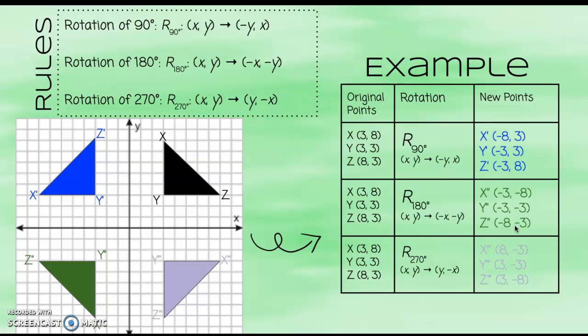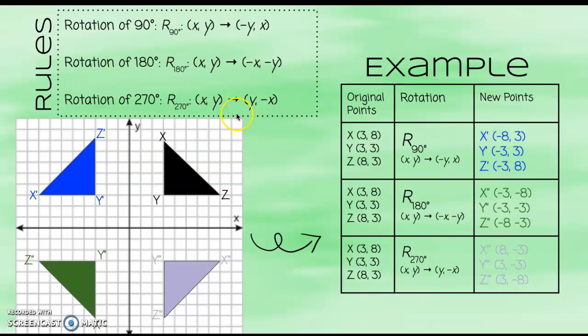That one's pretty easy. A rotation of 270 degrees, you have xy, and now you're going to have y negative x. Notice how it's similar to rotation of 90 degrees, but instead of negating the x value, you're going to negate the y value. All right. And when I say the x and y values, I mean where they're sitting right now. So yes, it says y, but that's because it's moving from this spot to that spot.